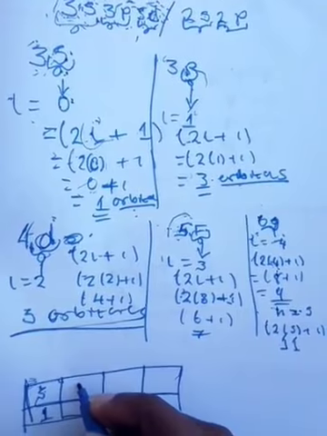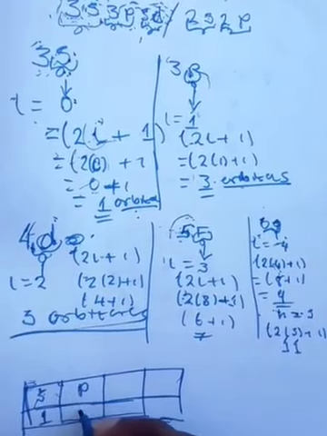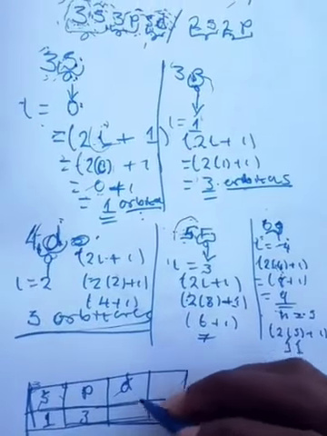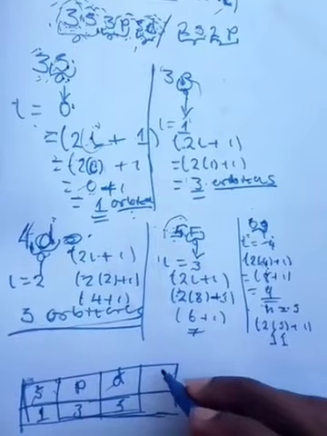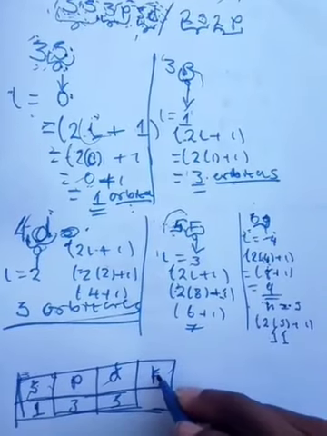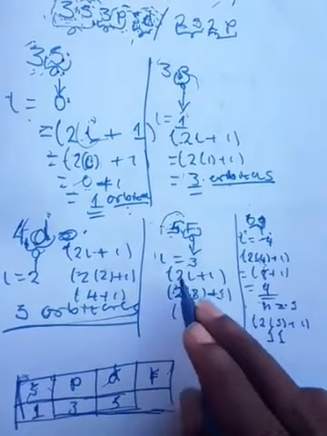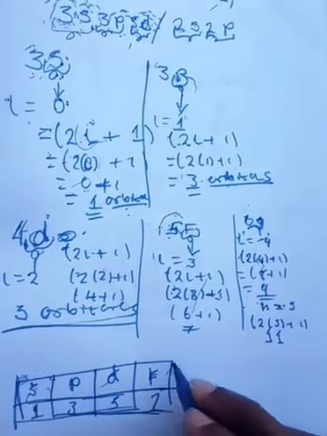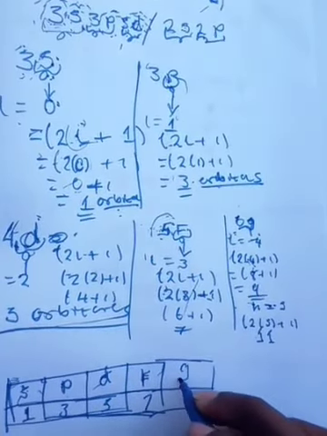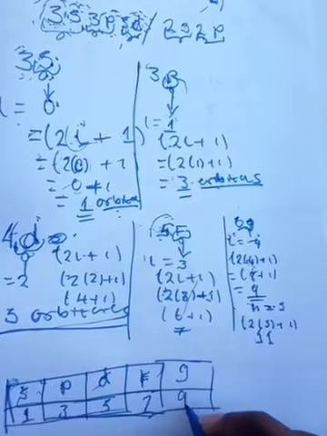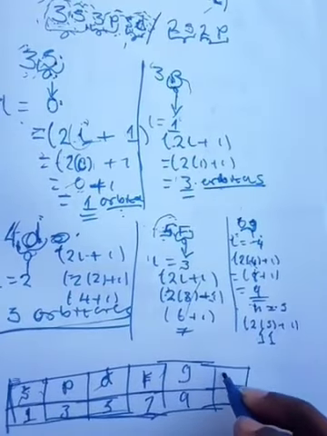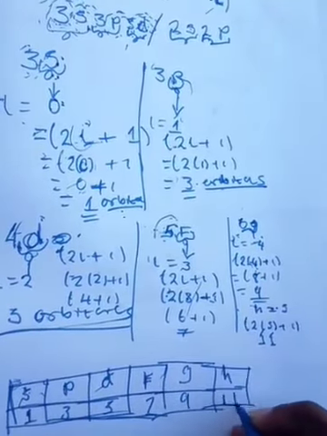Whenever you have p, we have 3 orbitals. Whenever you have d, you have 5 orbitals. Whenever you have f, we have 7 orbitals. Our last one is h, right? Whenever you have g, you have 9, right? And whenever you have h, you have 11 orbitals.